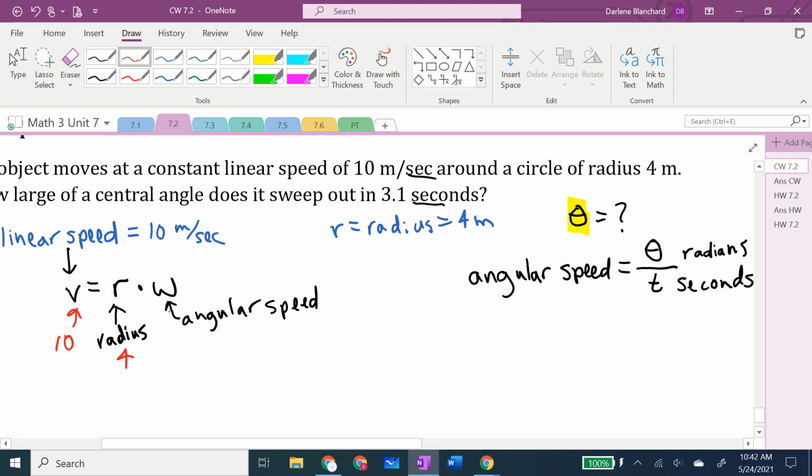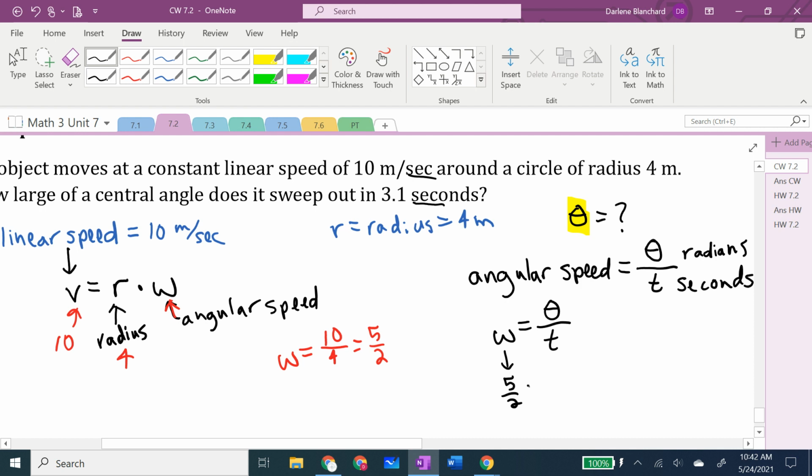That means my angular speed is 10 divided by 2. Or sorry, 10 divided by 4, which is 5 divided by 2. That angular speed is equal to how many radians I cover over a period of time.